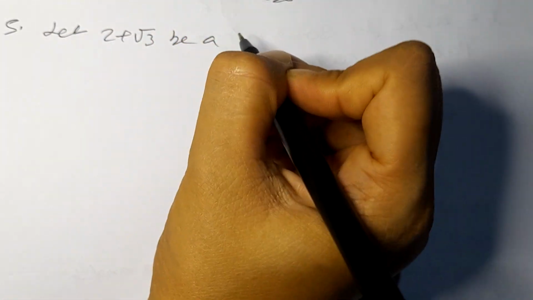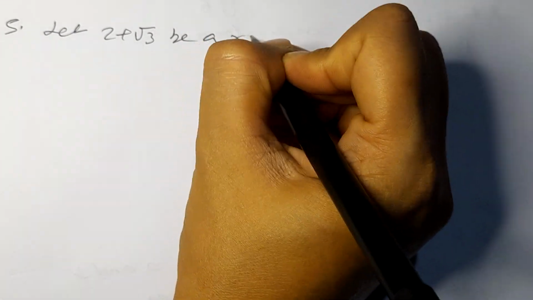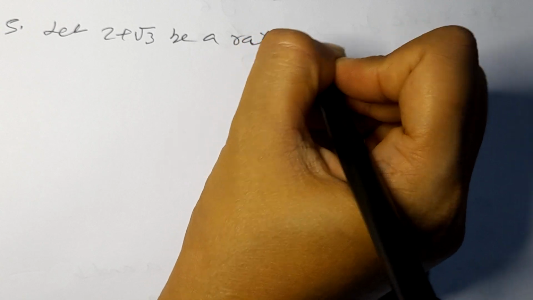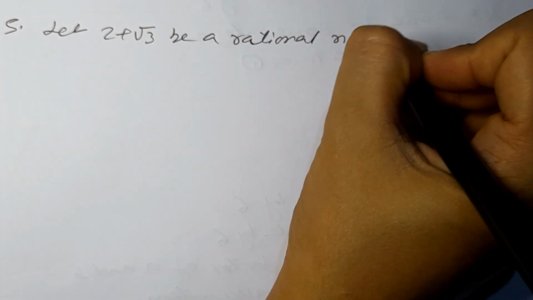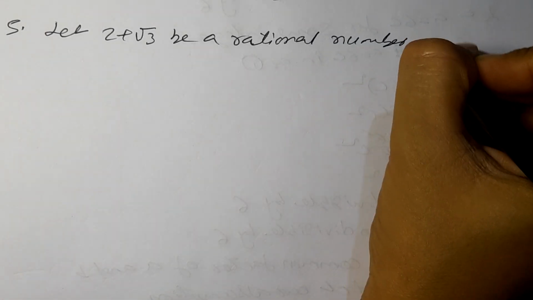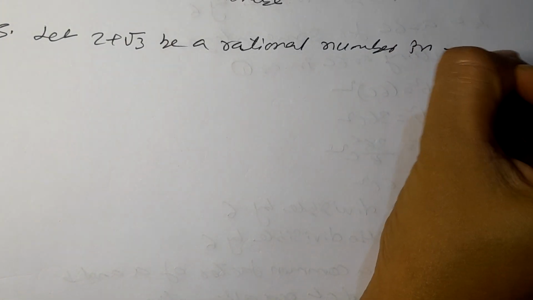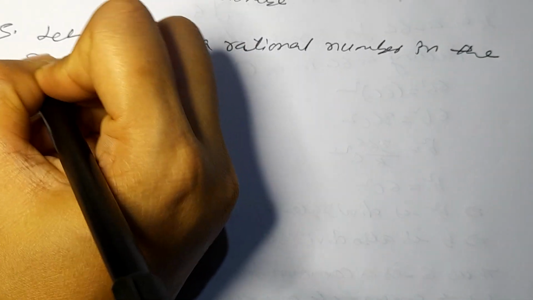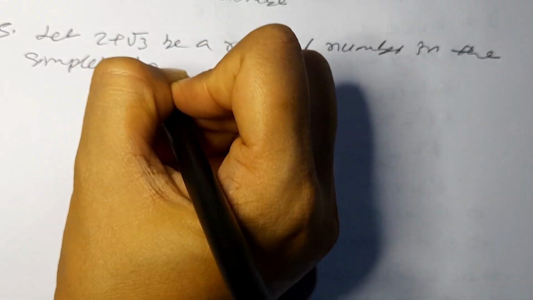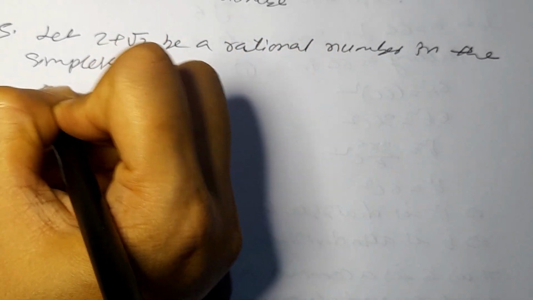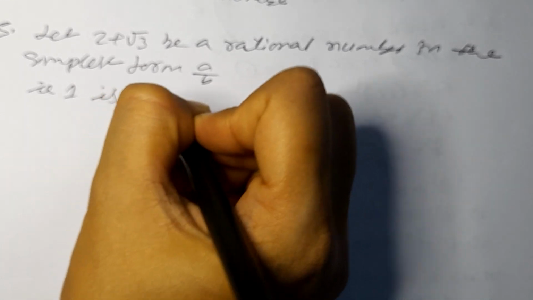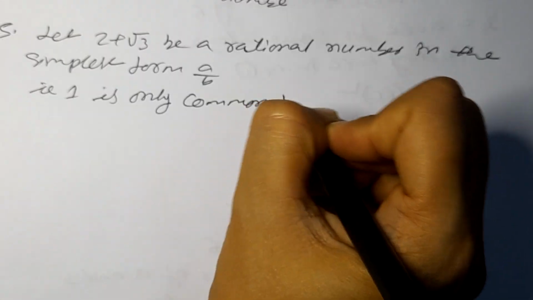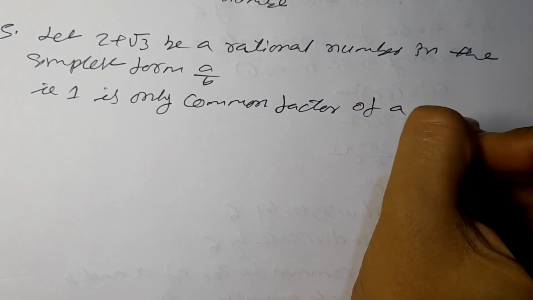Let 2 plus root 3 be a rational number in the simplest form a by b, where 1 is the only common factor of a and b.